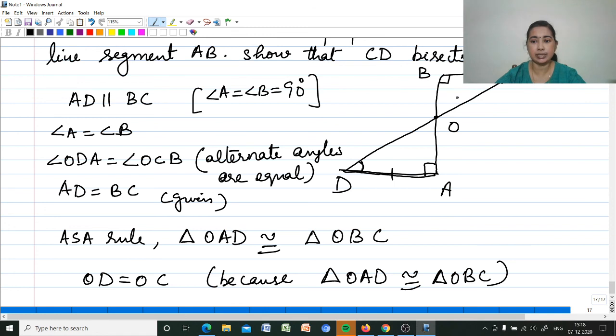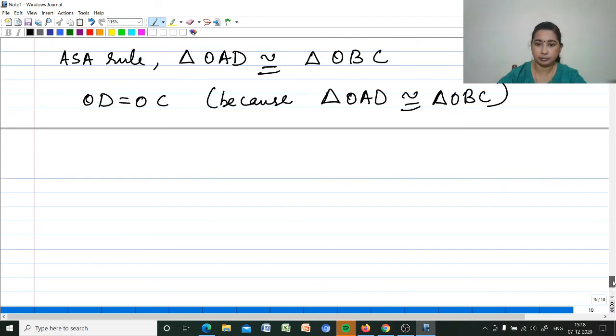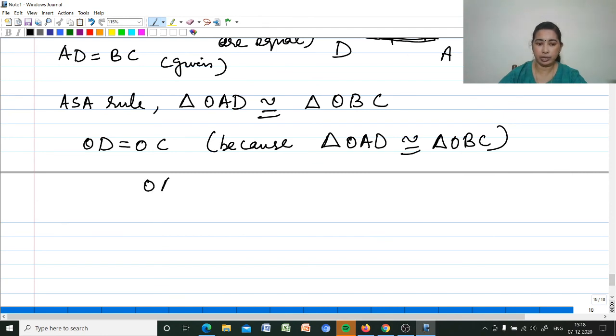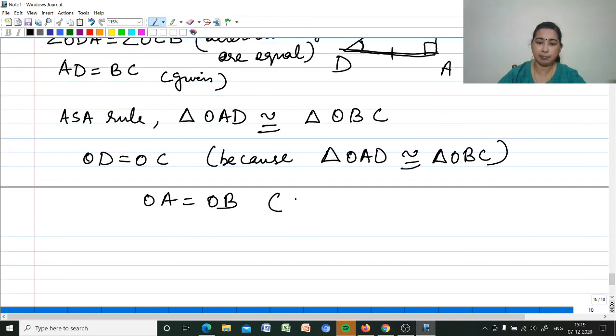Also OD is equal to OC. In the same way OA is equal to OB also, because by CPCT, they are the corresponding parts of congruent triangles. Therefore OA is equal to OB.